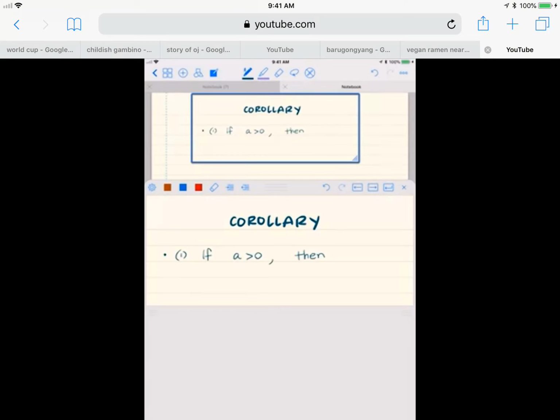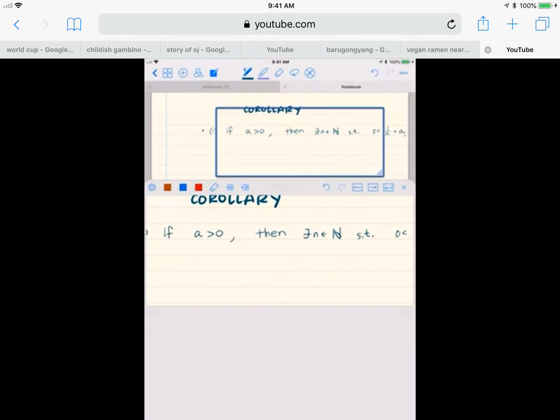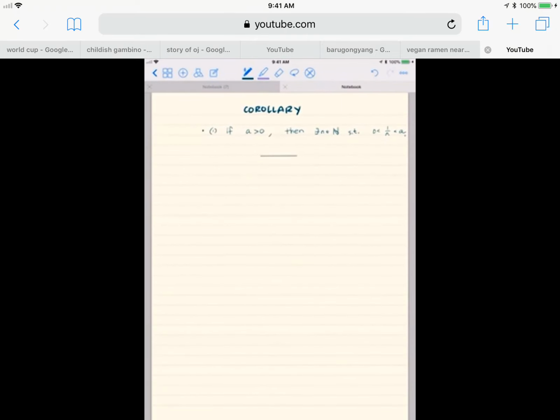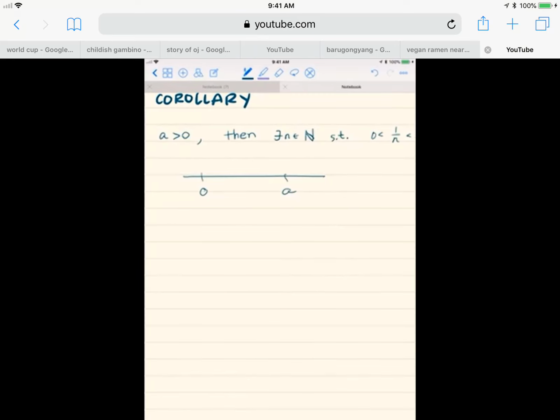So the first one is that if you have a positive number, then there's a positive integer whose reciprocal is less than that number. So in particular, this is one way to show that there's not a smallest positive number.